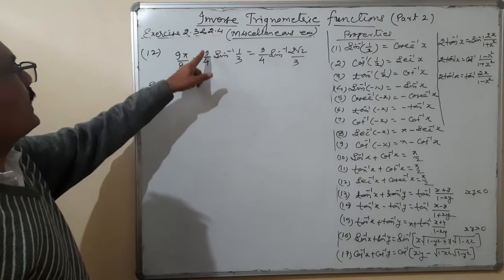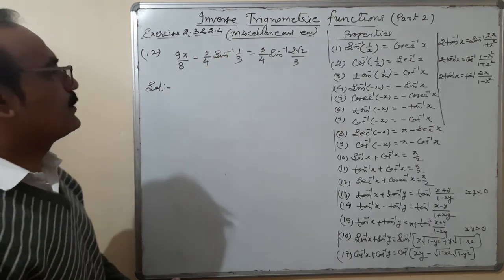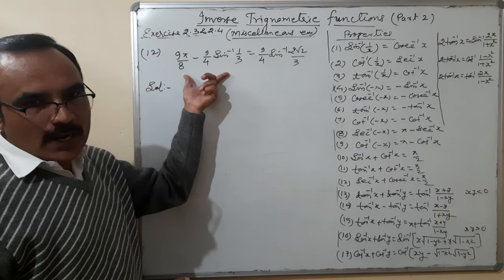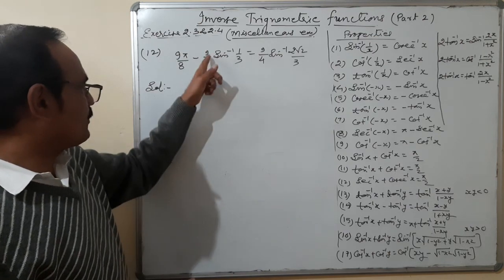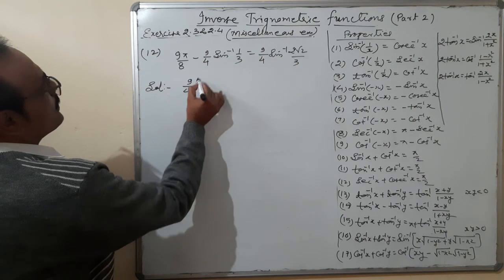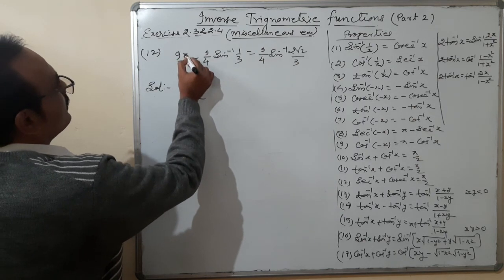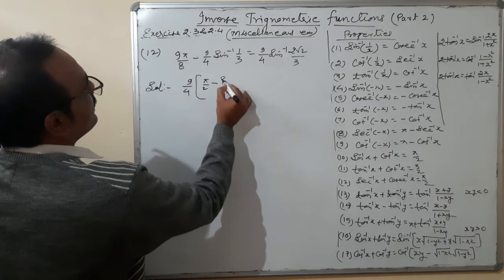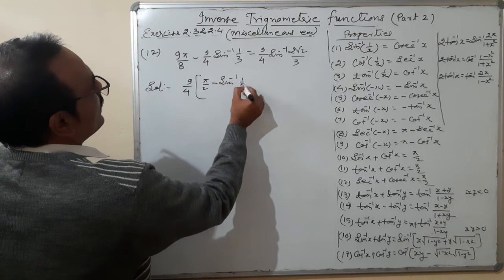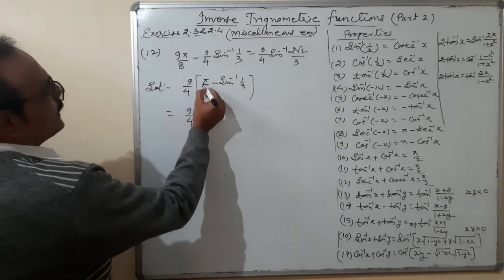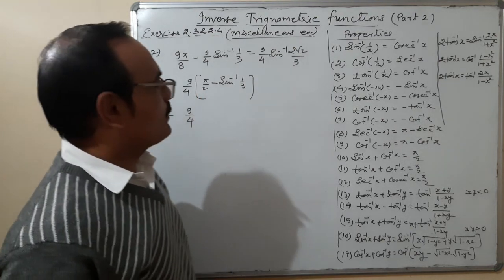9 pi by 8 minus 9 upon 4 sin inverse 1 by 3. What are you thinking when you see this step? You have to think only one thing, that 9 upon 4 should be common. That's it. 9 upon 4 should be common from here. So it is coming 9 upon 4 common, pi by 2 minus sin inverse 1 by 3.